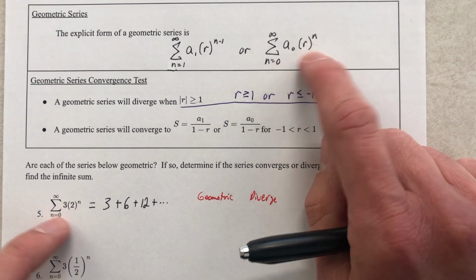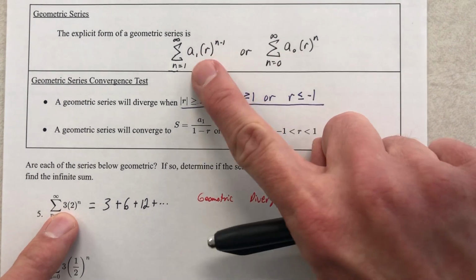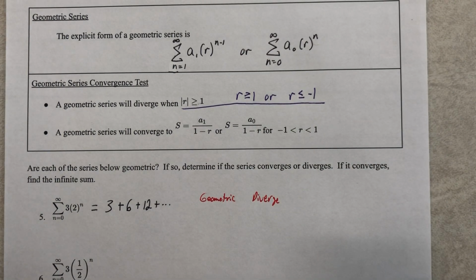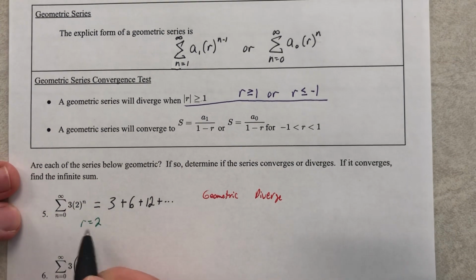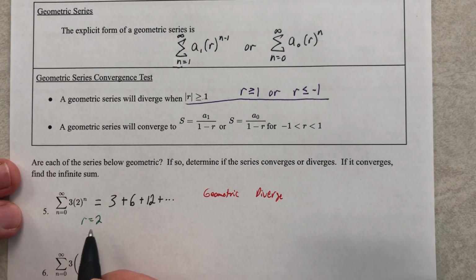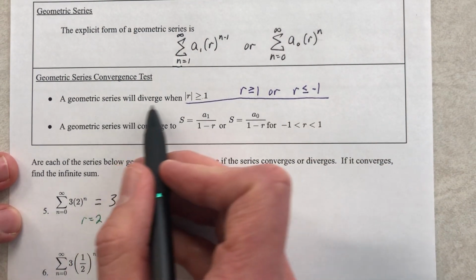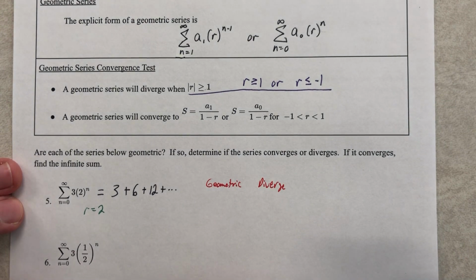So everything is perfectly aligned right here. Sometimes you'll have to manipulate this a little bit to make it look like one of these, generally this one. But in this case, everything is exactly the way you need it to be. So you could say, well, r equals 2, and that's good to know because if r is equal to 2, then r is greater than 1, and therefore this thing is going to diverge. So we really didn't have to make the list to do it. We could have just looked at the structure and figured it out that way.